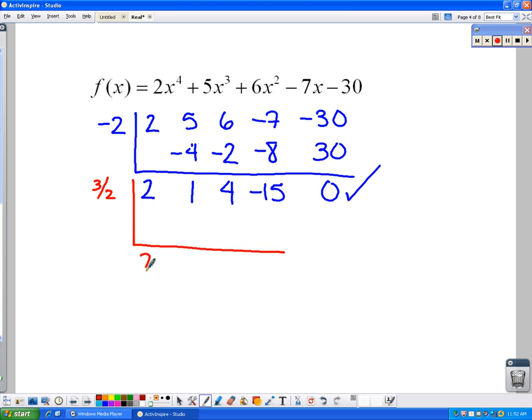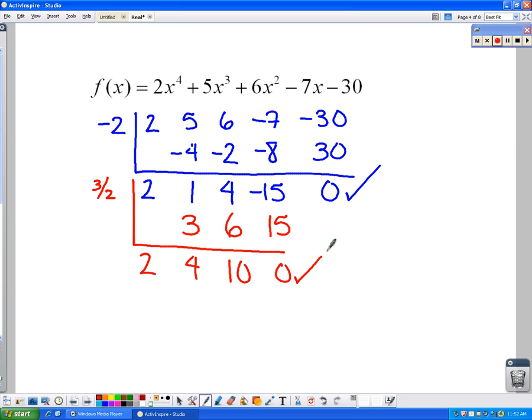So the 2 will come down. Right. Multiplying 3/2 and 2 gives us 3. Adding those gives us 4. Now 3/2 times 4 is 6. Adding is 10. Multiplying is 15. And once again, we're reassured we're on the right track when we get 0 for the remainder.